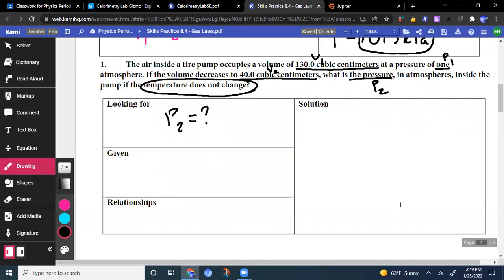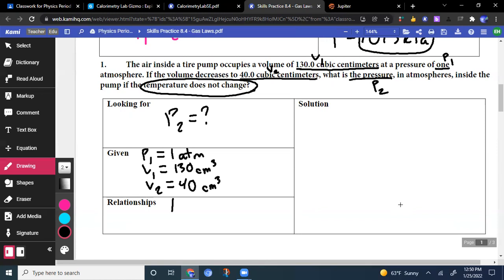So we're looking for P2. We are given P1 of 1 atmosphere, V1 of 130 cubic centimeters, and V2, which is 40 cubic centimeters.